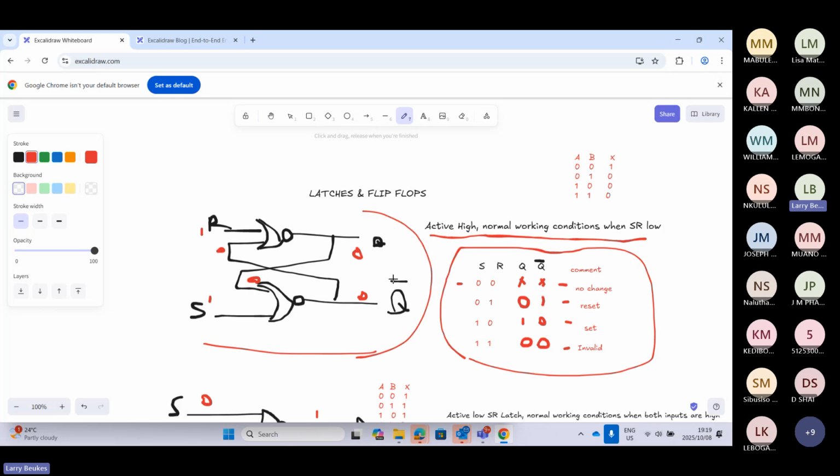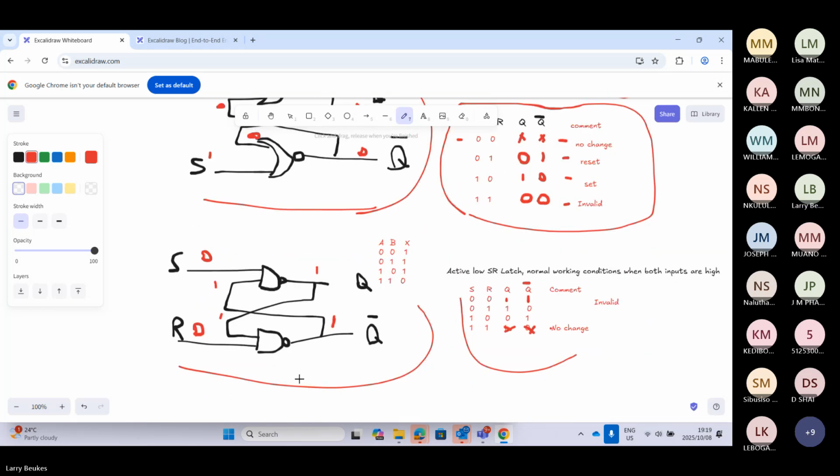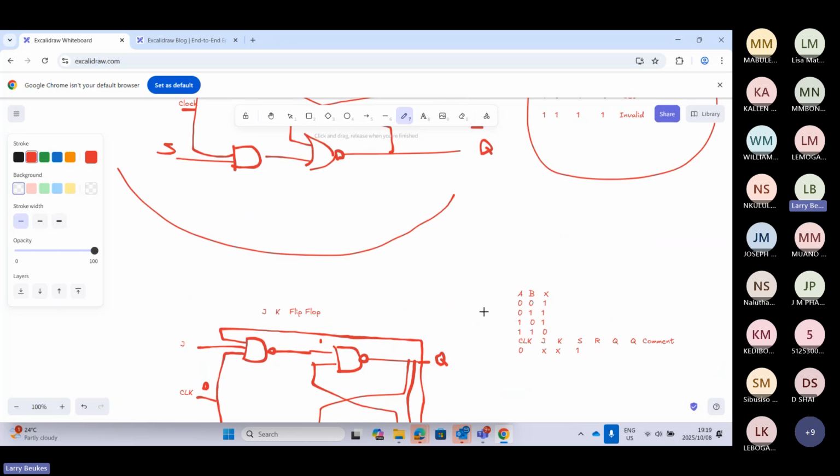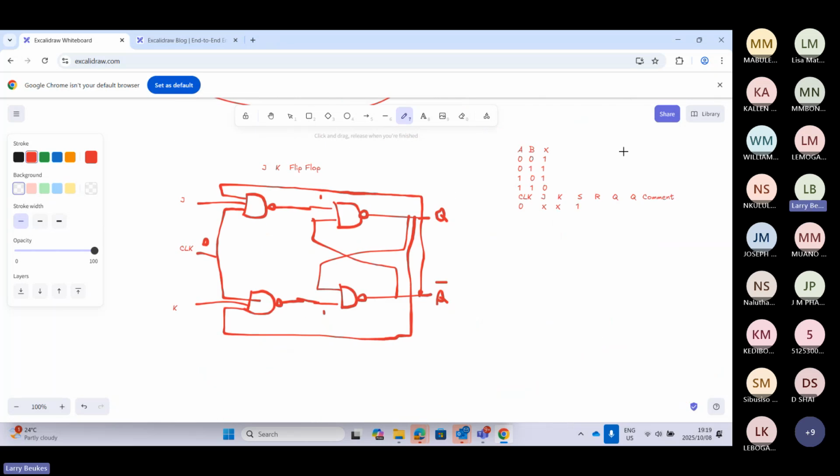Where is it now? This gate. When it's 1, 1, there was no change, right? So let me finish. S will be 1 and R will be 1, right? Then this will use basically the previous state.